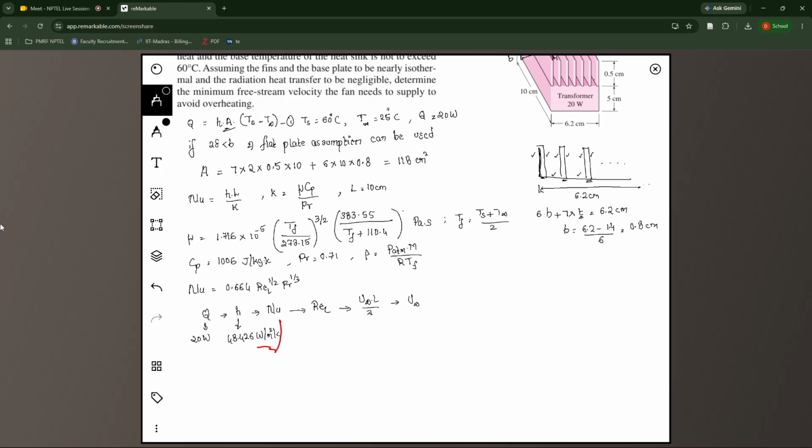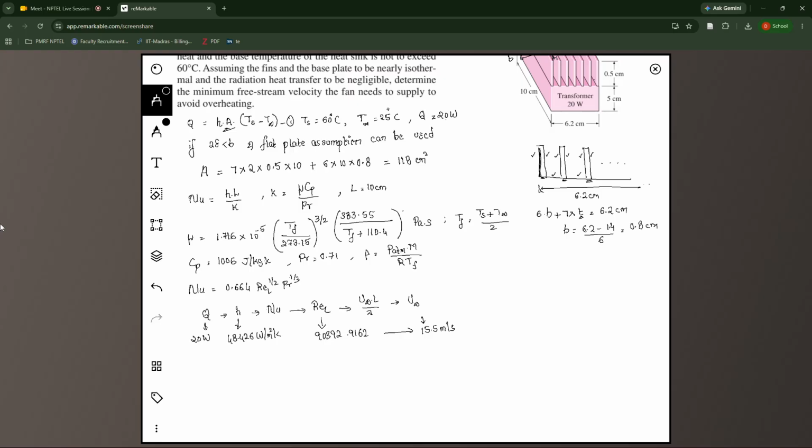And from this I got Nusselt number. I'll directly show you the value of Reynolds number. So you substitute that into Nusselt number and get the value of Reynolds number, and from this I can calculate U infinite, which is coming to around 15.5 meter per second.